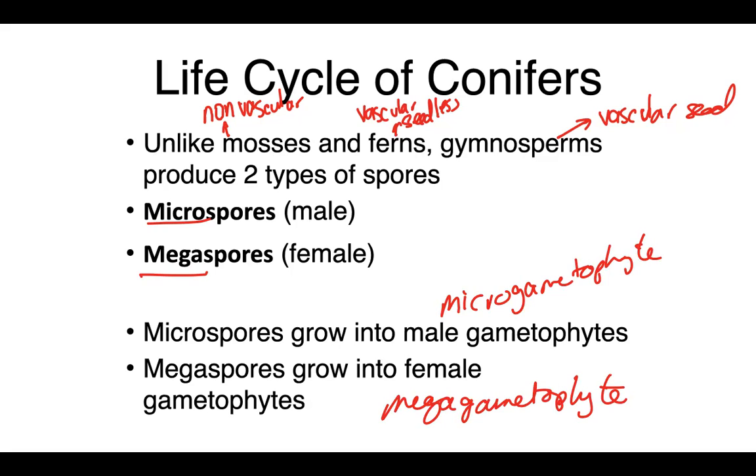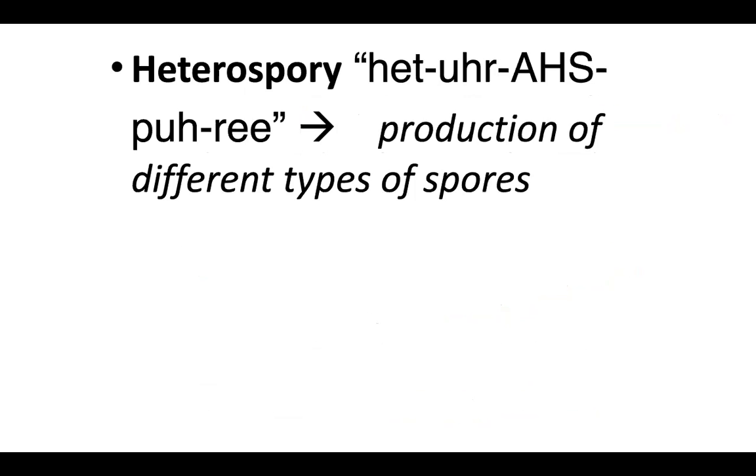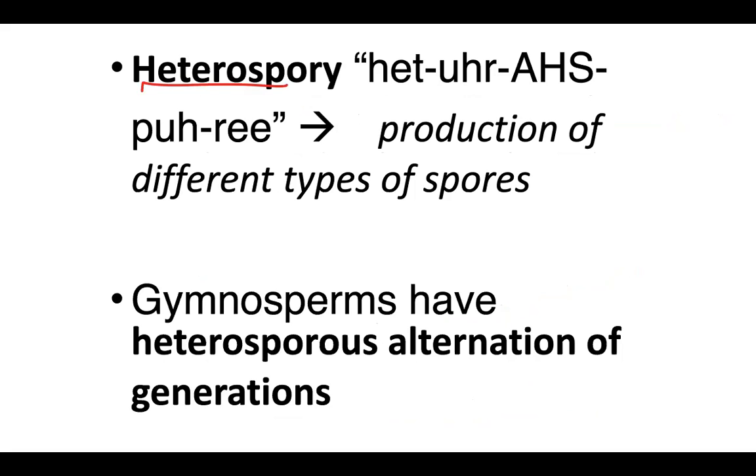You probably don't remember because it feels like it was half a year ago, but when I talked about the cones of conifers, female cones are large and by themselves, male cones are small, and that's another reason why we use micro and mega. So the life cycle is referred to as heterospory, right? Hetero meaning different. We have male spores and female spores, so it's called a heterosporous alternation of generations.